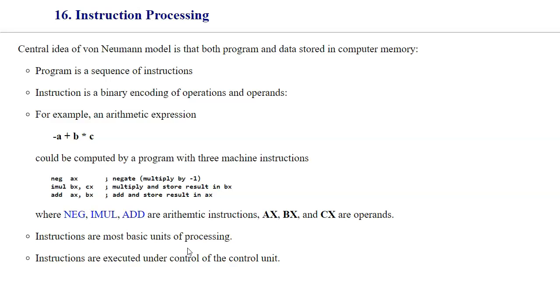And of course, the control unit, which is a finite state machine, controls all the steps in executing individual instructions and then advancing to the next instruction. Each instruction has its own unique address, and the control unit knows where the address of the next instruction is, because it knows that a program is a sequence of instructions in computer memory.